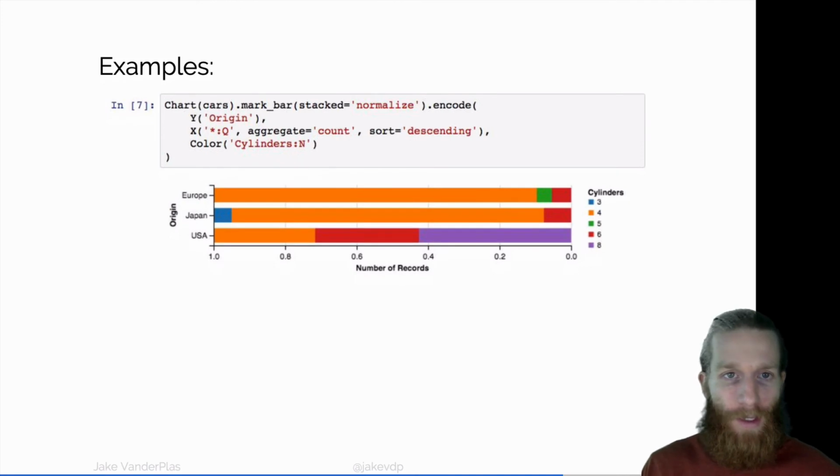To do something a little bit different, we can choose a different mark. So if we do mark bar, one of the options is how to stack them. So this will actually normalize the stacking, give it color, X and Y. Here, X summed up the quantitative. So it actually is a star quantitative, and it aggregated on the count.